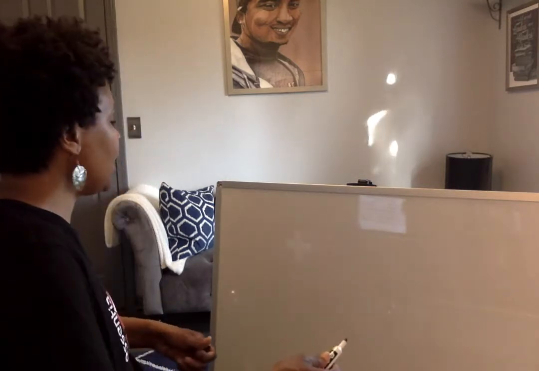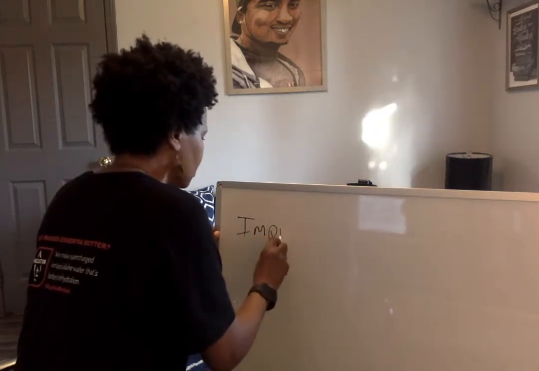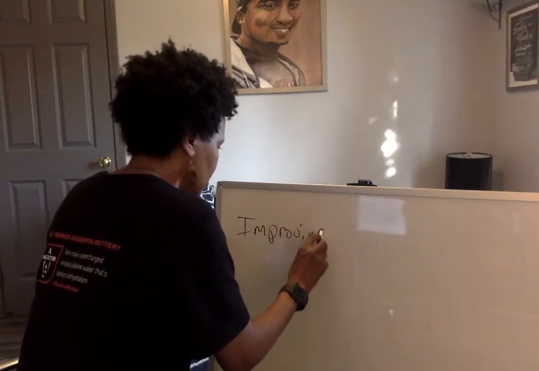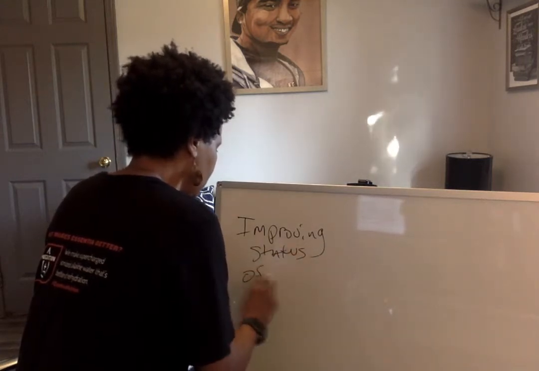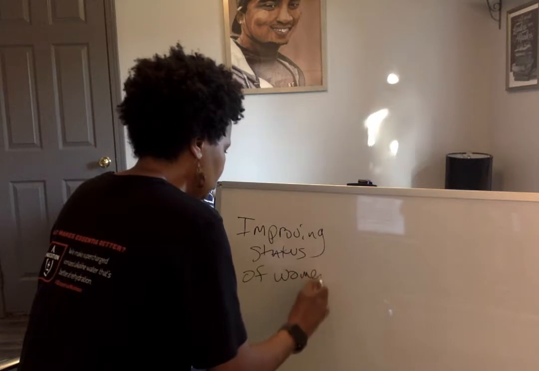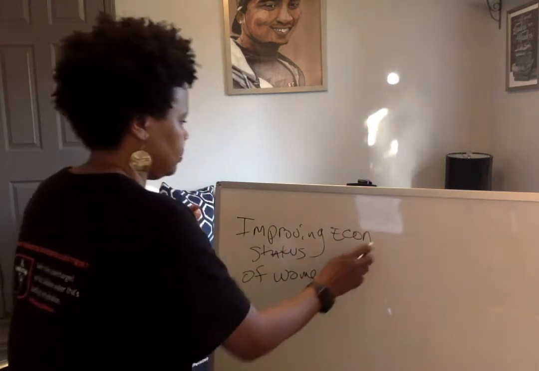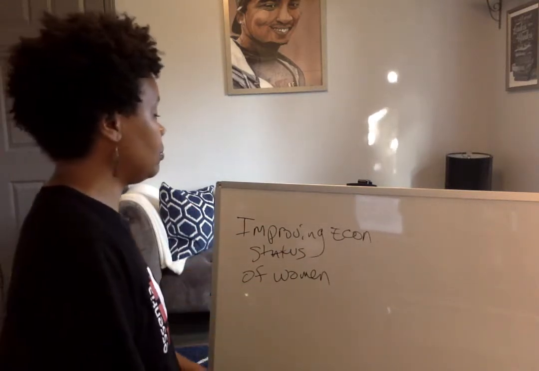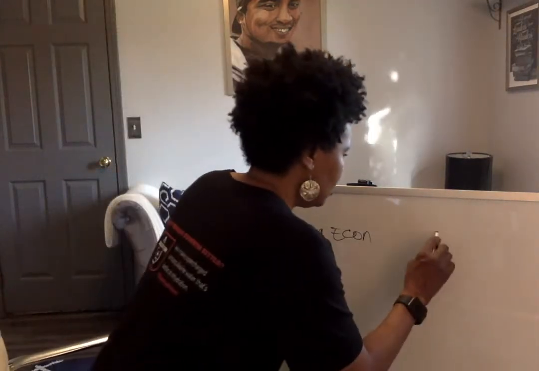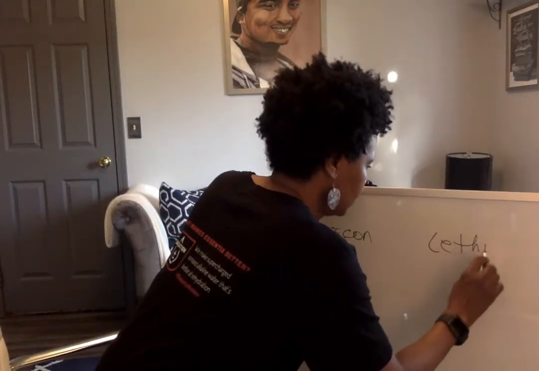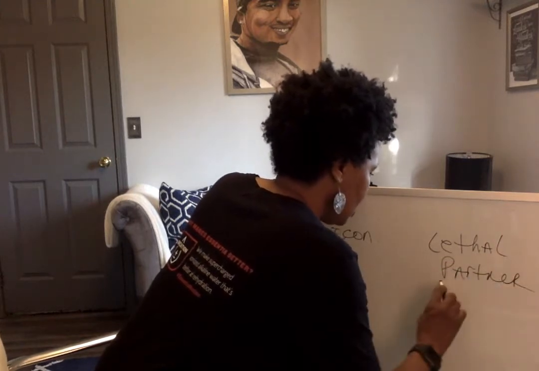So let's say I'm interested in the improving status of women. But let me make this more specific. The improving economic status of women. Now, maybe I'm interested in finding out whether or not we can predict lethal partner homicides.